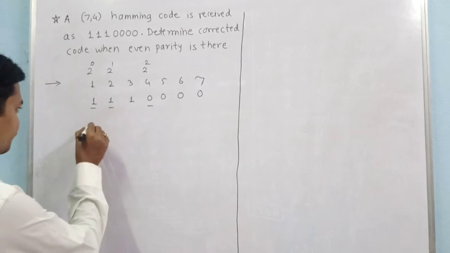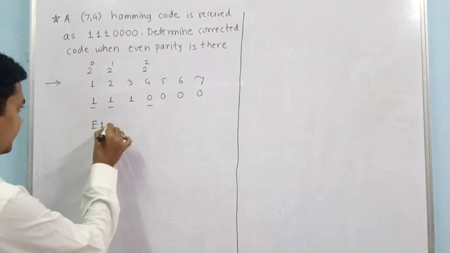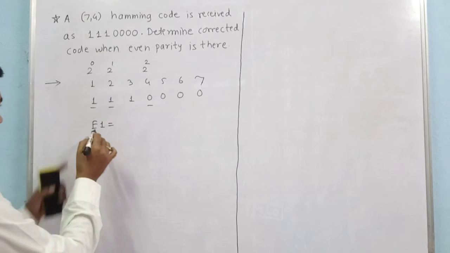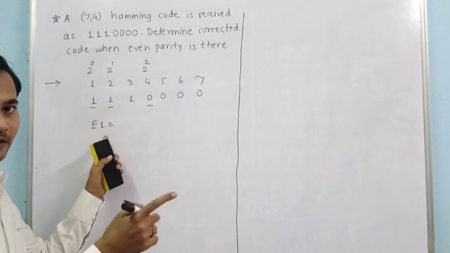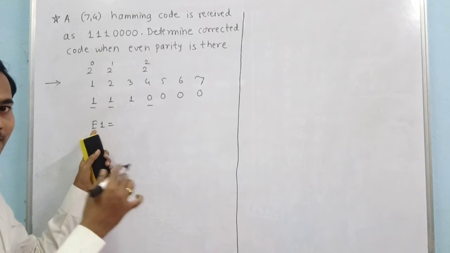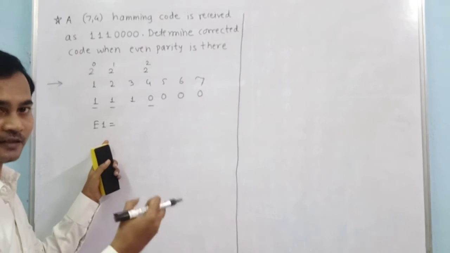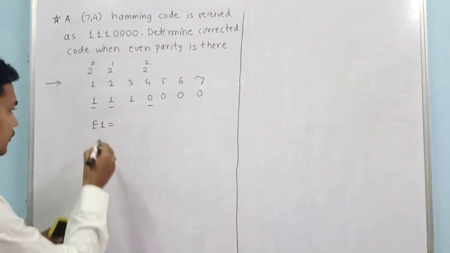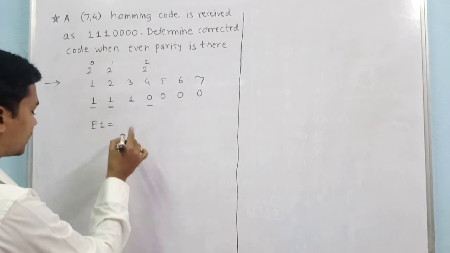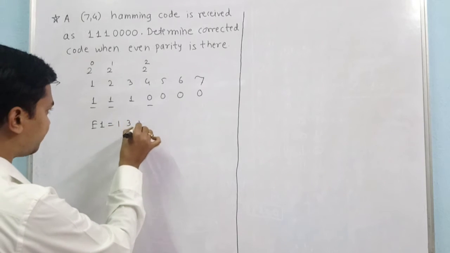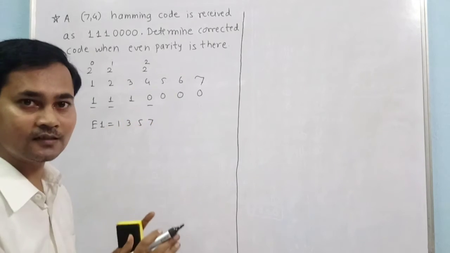We know that E1 is equal to what? Here, instead of P1, P2, P3 parity bits, I am taking E1, E2 and E3 as error bits. E1 should be what? We have to consider the 1, 3, 5, 7 bit positions in the Hamming code.